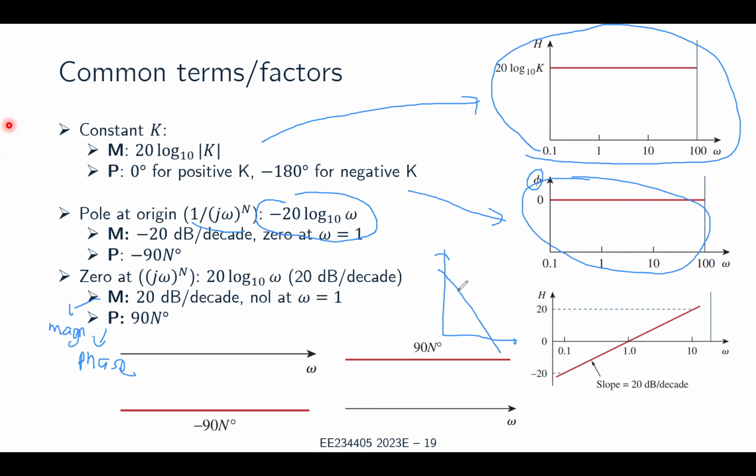Now it's positive instead of negative, so this is for the pole, which is minus 20, whereas this is plus 20 decibels per decade, and it's 0 at omega equals 1, right? So here the magnitude is 0, and the phase or the angle here is 90 times n degrees.